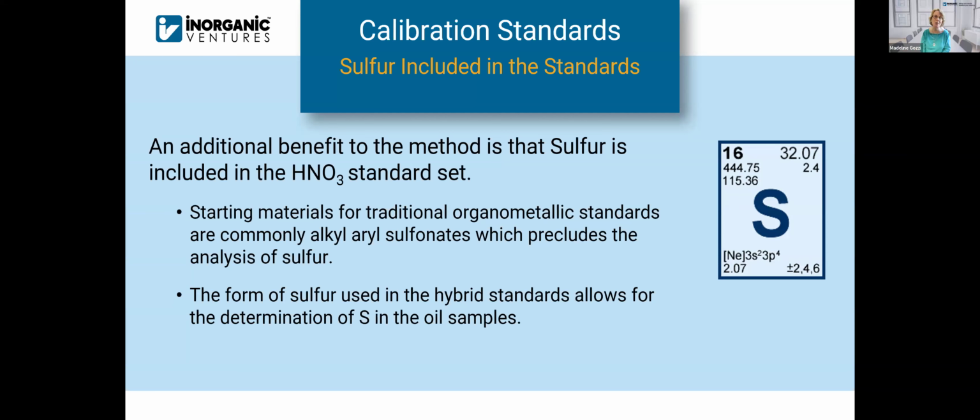So that precludes the analysis of sulfur. We have been able to use sulfur as a methane sulfonic acid in our aqueous standards, which allows for the determination of sulfur in the oil samples.